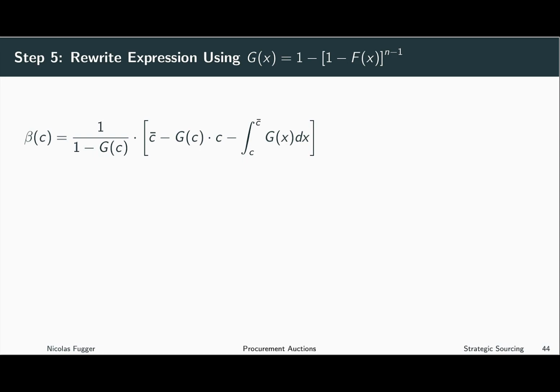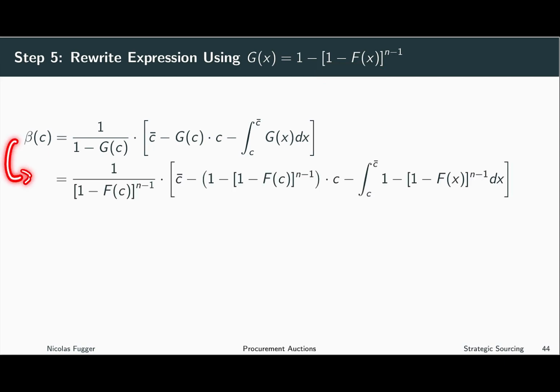And we exploit the fact that the probability that my strongest competitor has costs smaller than x, and I mean I have n-1 competitors, this probability is equal to 1 minus the probability that all of my n-1 competitors have costs larger than x. In the first step, we just replace g of x by 1 minus (1 minus f) to the power of n-1. And we end up with this expression.